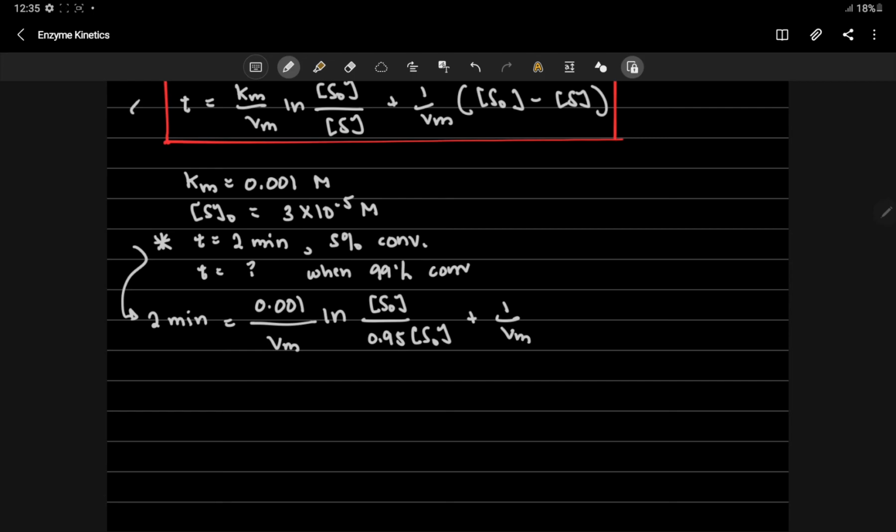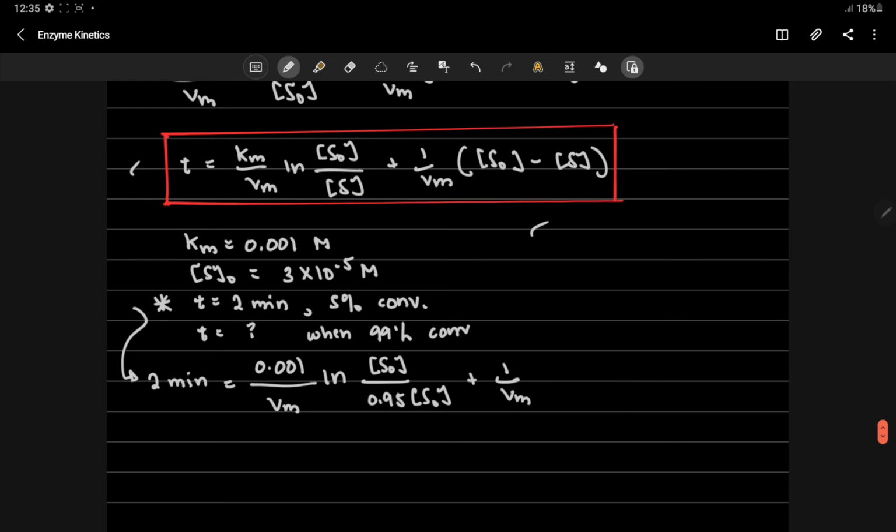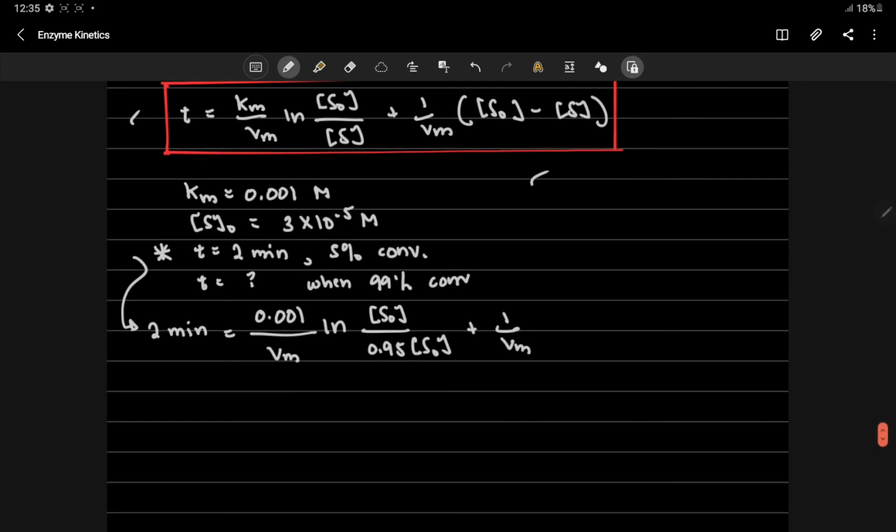Okay, unknown pa rin si Vm. And then you have here the difference between the initial and the final. So this time, substitute na natin. So yung initial natin is 3 times 10 raised to negative 5 molar. While your final is 95%. Kasi 5% yung conversion. So, 95% of 3 times 10 raised to negative 5.